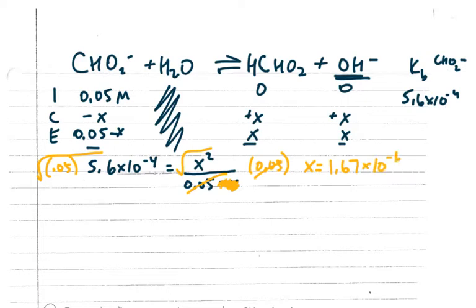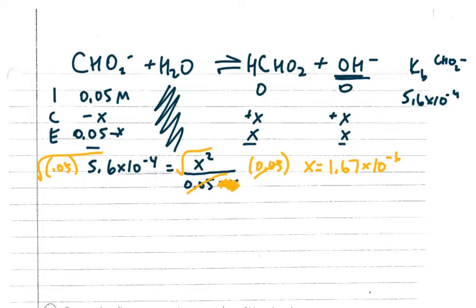And we should do a validity check, which I did not do in my notes, but I'll do real quickly right now. 1.67 times 10 to the negative 6 divided by our initial concentration of 0.05, times 100.